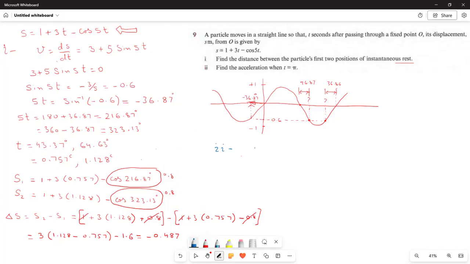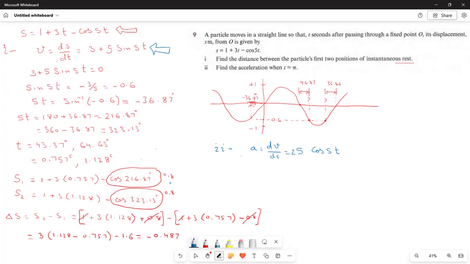So what is acceleration? Acceleration is the derivative of the speed. So if I differentiate this expression, it will give you 0 and then 5 times the derivative of sine, which is cos 5t, so this is 25 cos 5t.